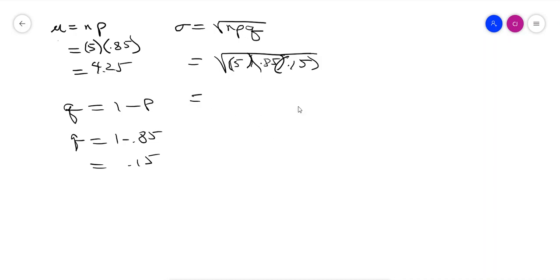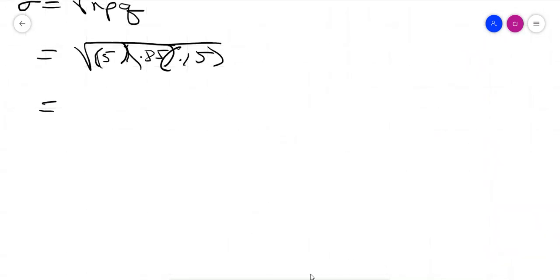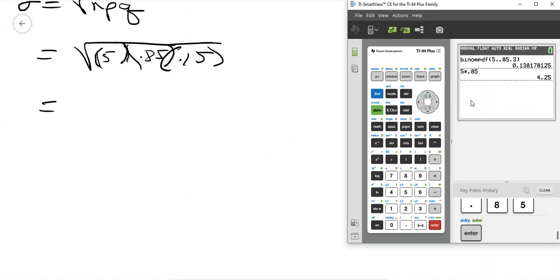So this, again, we will get our calculator. Square root of 5 times 0.85 times 0.15.